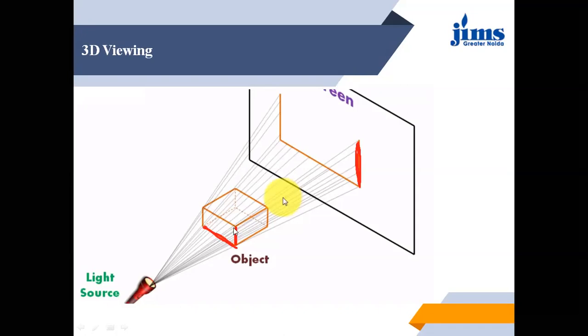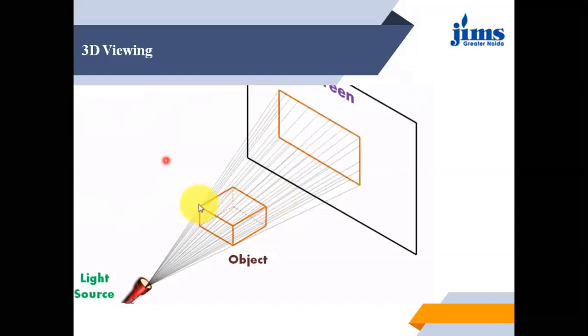Now we will see how we can see the projection of the above edge. To understand the projection of the above edge, the rays start from this light source, and we are looking at this upper edge, not this one.